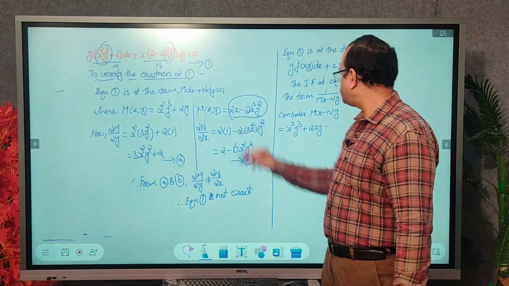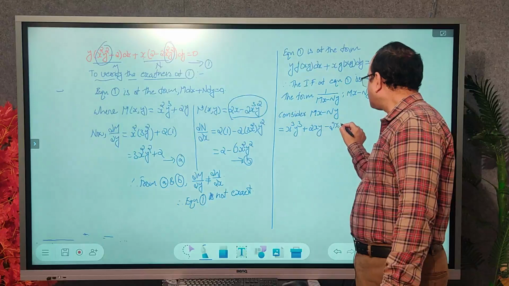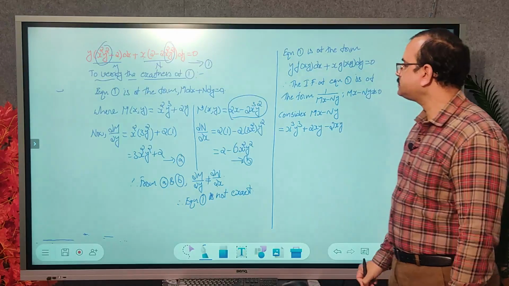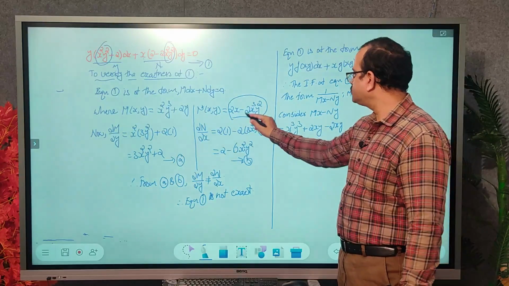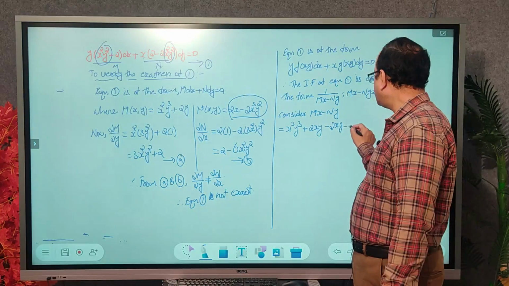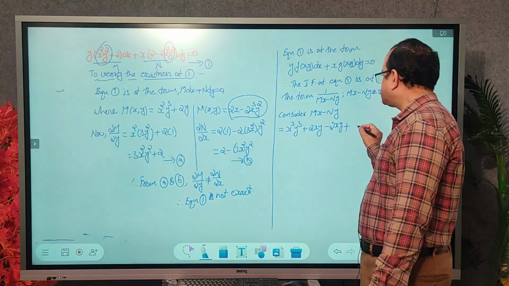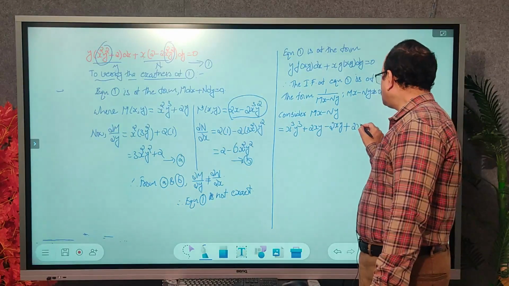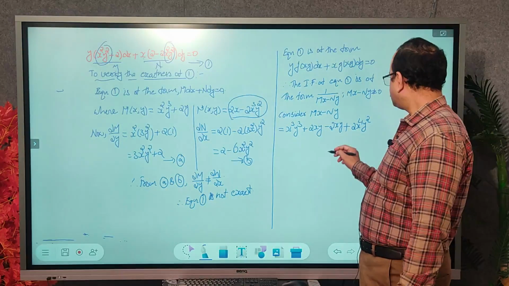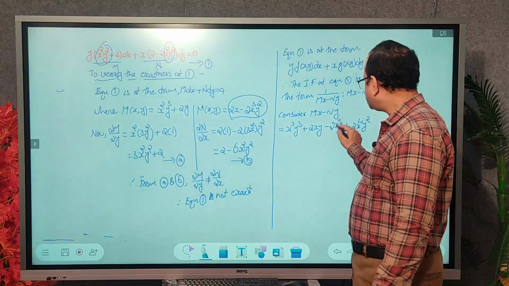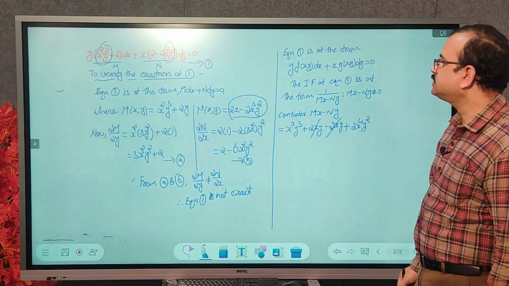You multiply this with y, so 2x into y means 2xy, minus, so here we have a negative sign, but here we have one more negative, so you will get plus, 2x cube y square into x means we get 2x power 4 into y square.